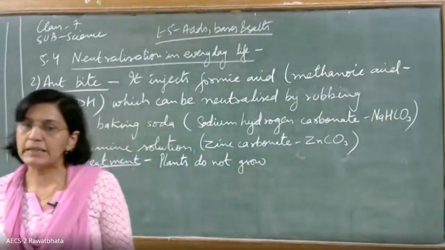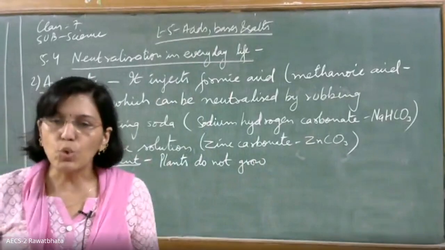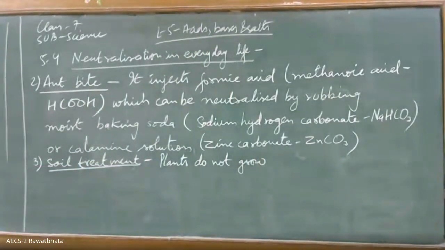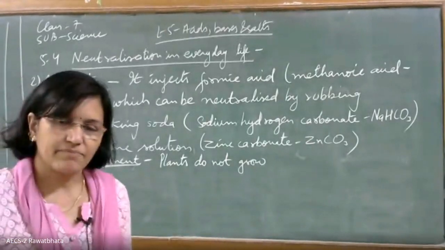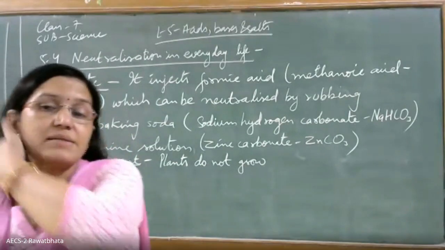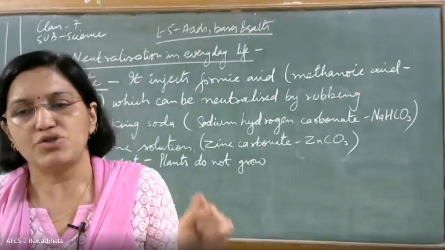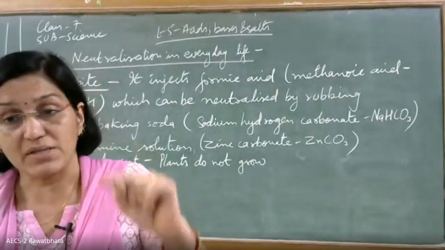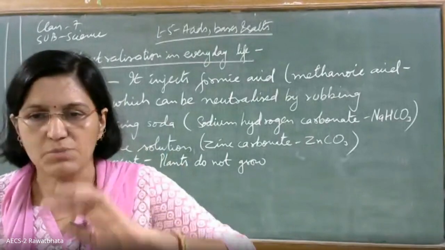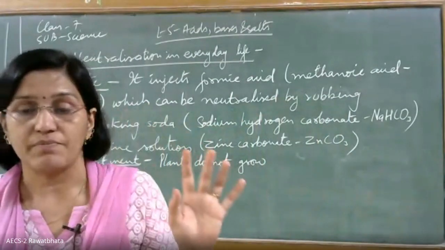See, the NCERT line begins with this one. Excessive use of fertilizers makes the soil acidic. I don't comment on that sentence, but it should actually be non-judicious use of excessive fertilizer. You are not aware of the soil. The soil is becoming acidic, you are supplying more acidic fertilizer. Definitely damage.